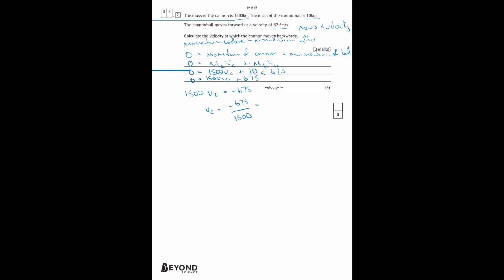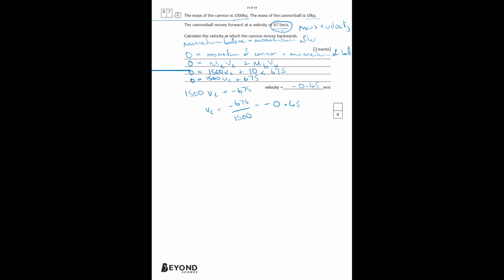In order to do that, I'm going to need to open up a calculator, and we get minus 0.45 meters per second.